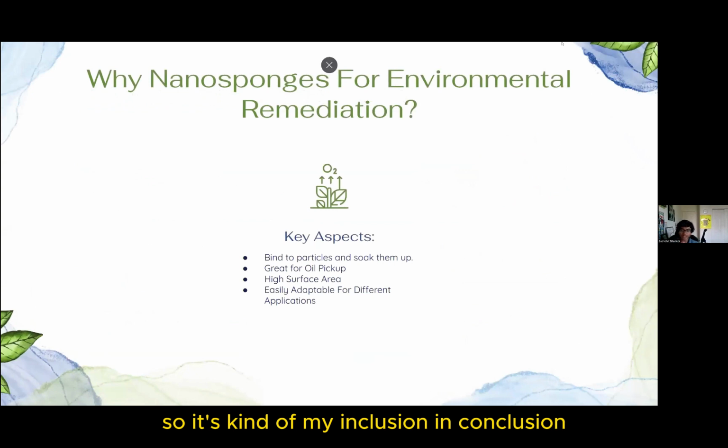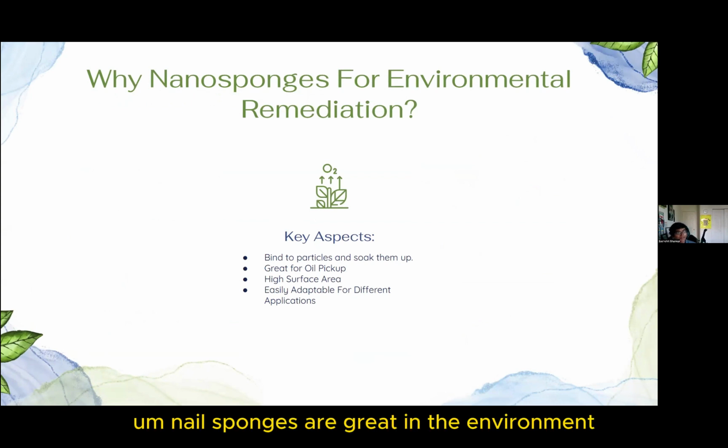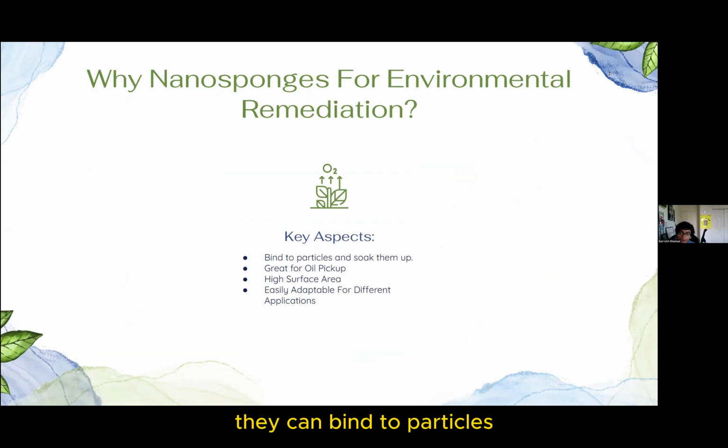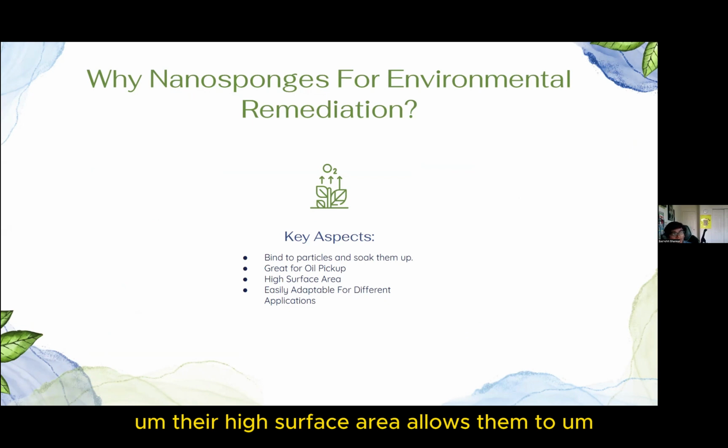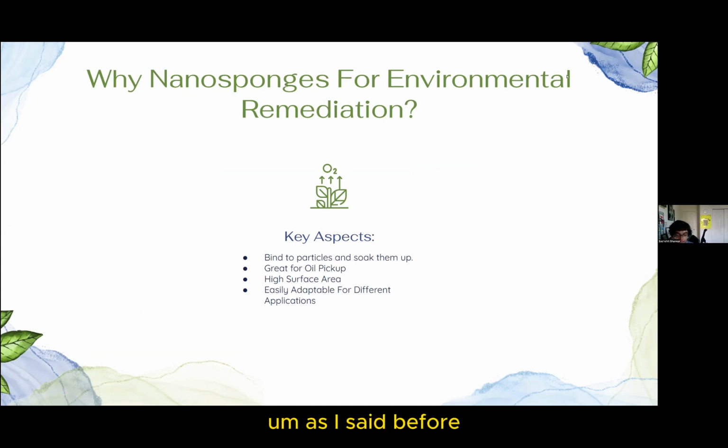So this is my conclusion. Why should nanosponges be used for environmental remediation? Nanosponges are great in the environment because one of the key aspects is that they can bind to particles and soak them up very easily, especially when it comes to oil. Their high surface area allows them to effectively absorb and remove oil contaminants and other thick contaminants from water bodies.